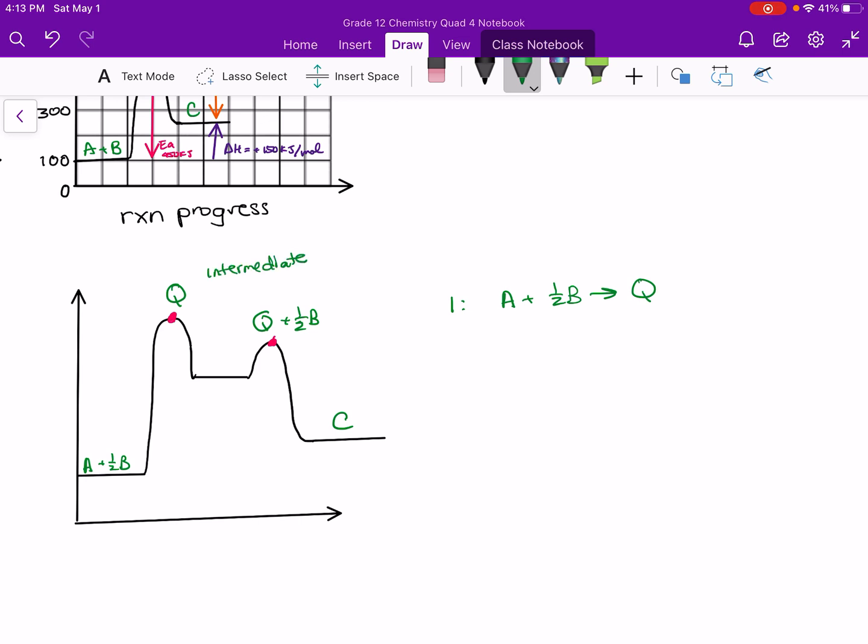This is something that is unstable and highly reactive. In my second step, when I react Q with another half of B, I get C. If I add these all up, I can cancel out my intermediate and get A plus B gives me C as an overall two-step mechanism.